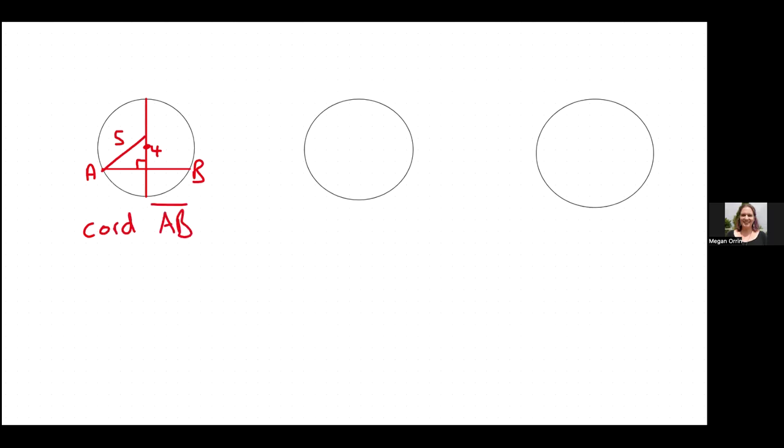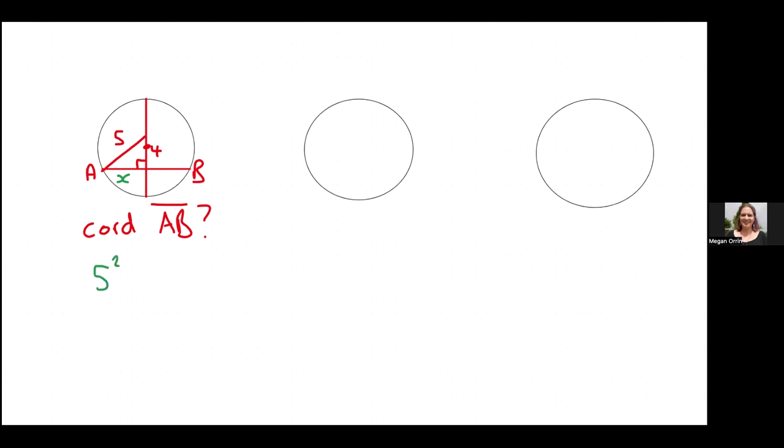Okay, if I want to find the length of chord AB, does anyone have an idea of what I should do? Okay, so I'm going to do Pythagoras. So let's call this X. Which side is the hypotenuse? 5, right? 5 is the hypotenuse.